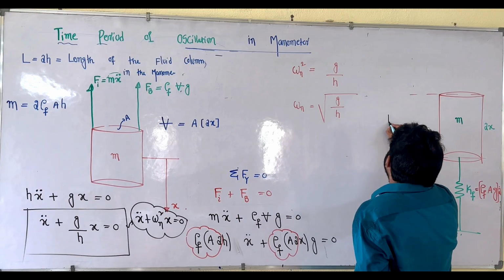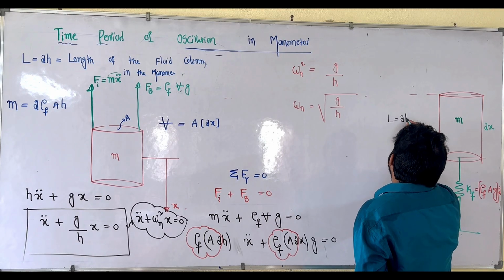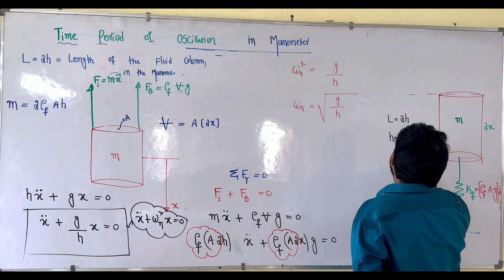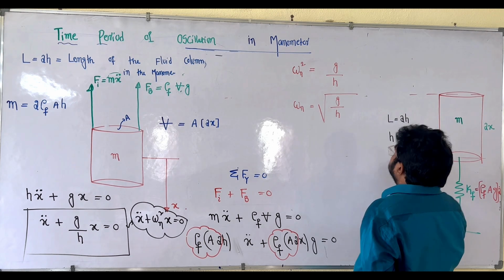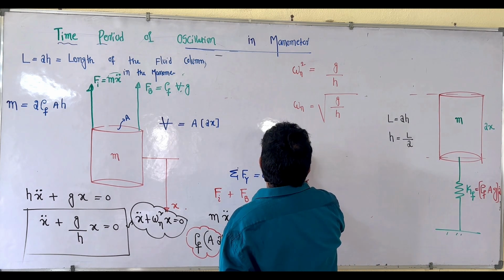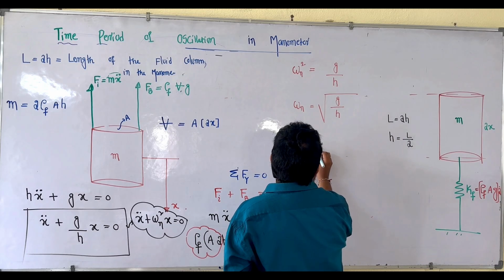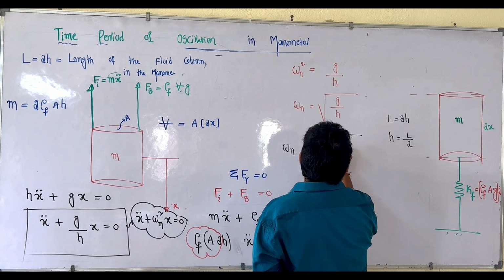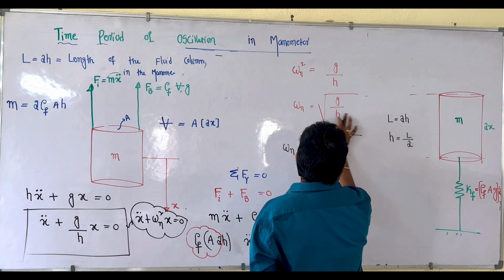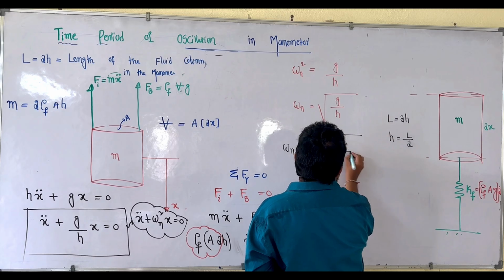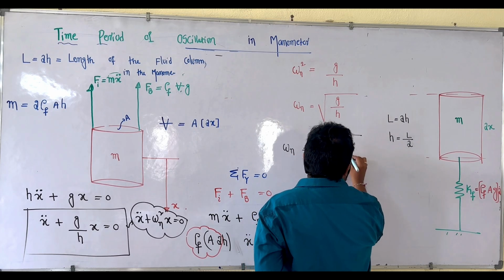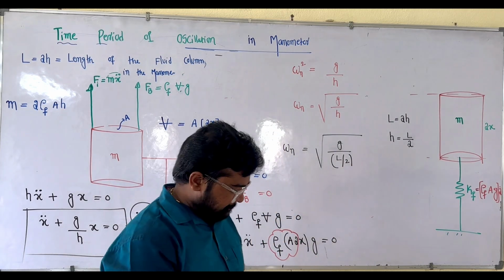L is equal to 2h. h equal to how much? L by 2. Omega n equal to how much? Square root of 2G by L, that is G by L by 2.